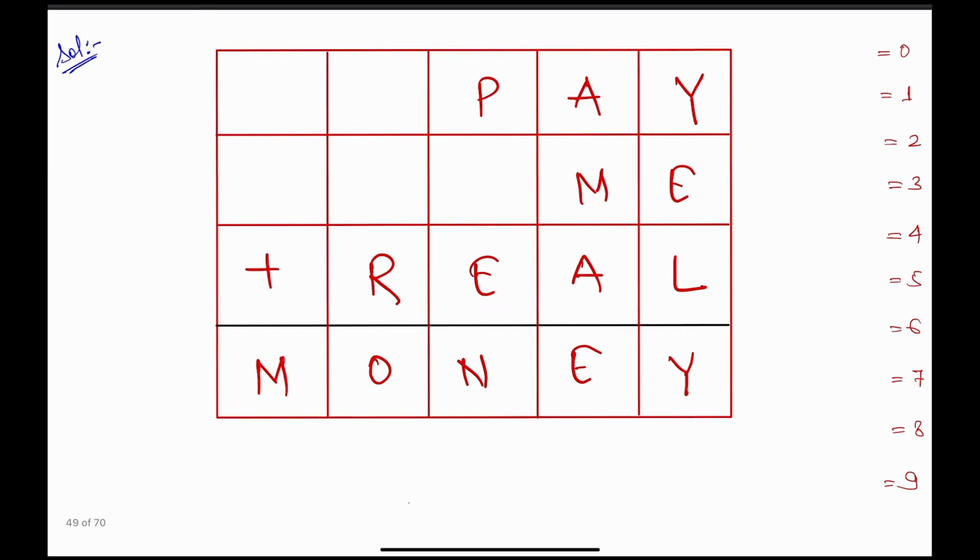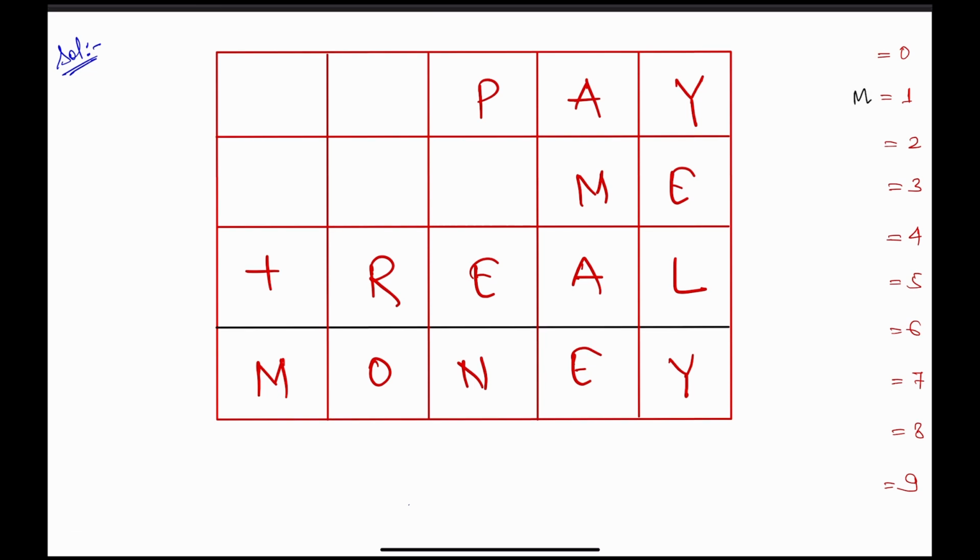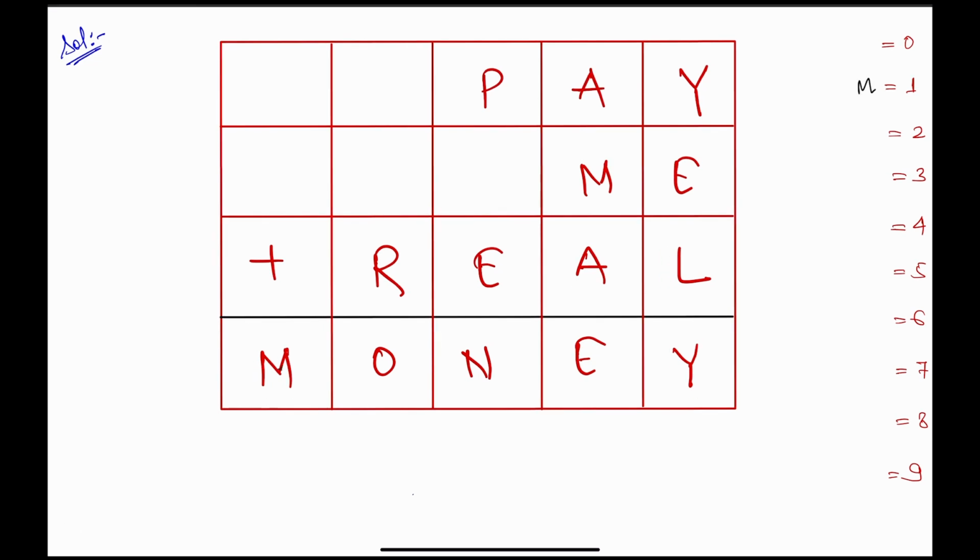If I want to maximize, then I will give it 9, and I will add these two things in such a manner that one will be coming over here as a carry. It could be 0, 1, 2, 3, but here the maximum will be 1. So the value of M I have already declared, that is 1. I will change over here also, the value is 1. The value over here will also be 1.